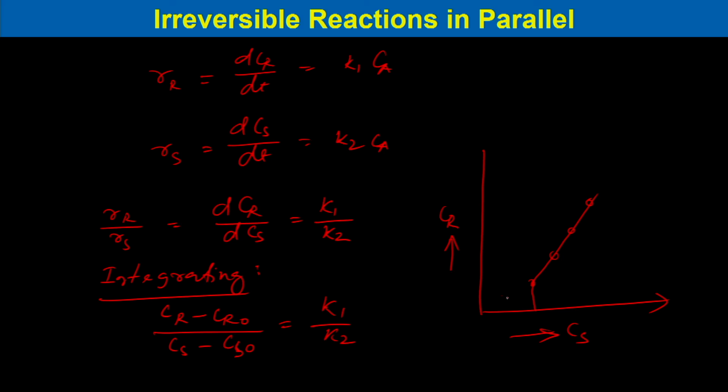This is the initial concentration C_R0, this is C_S0, and from the slope of this curve we would obtain k1 by k2. So, if we know k1 by k2 from this, and earlier we have obtained k1 plus k2, then from these two relations we can calculate k1 and k2 individually.